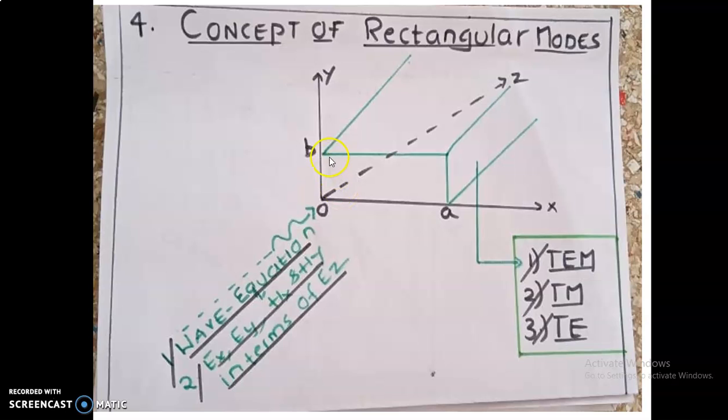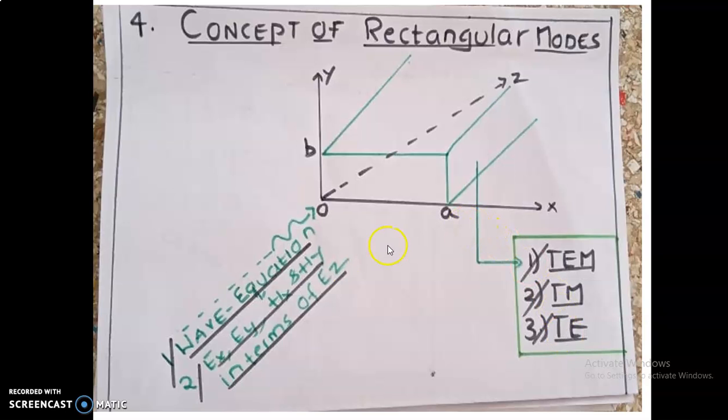The question is whether this rectangular waveguide is a fixed one. No, that's wrong. Actually, it may be in the TEM mode, TE mode or TM mode. It may be in any mode. So I'm telling you it's a rectangular waveguide, and it can be in any of the three modes: TEM, TM or TE.